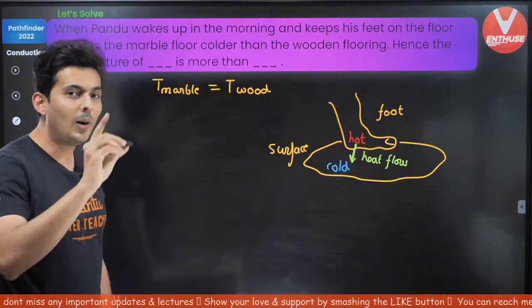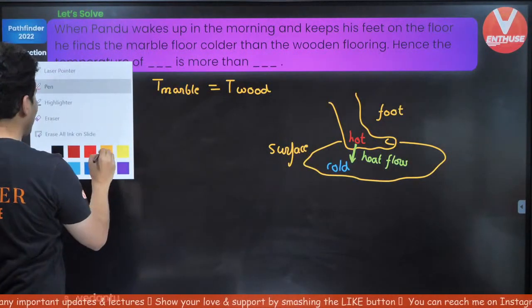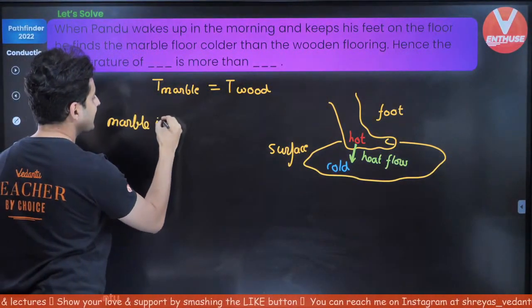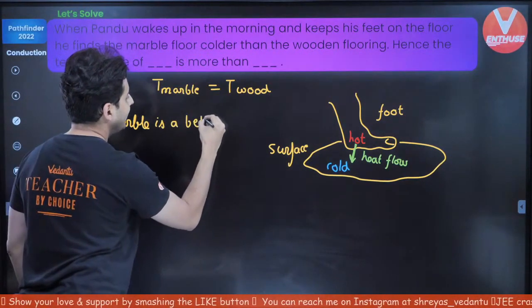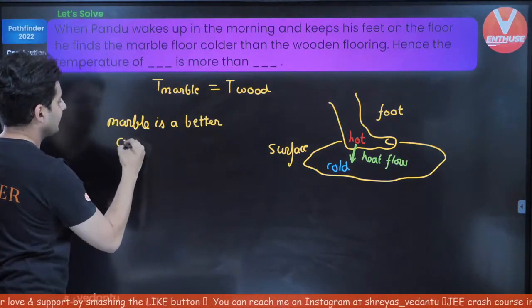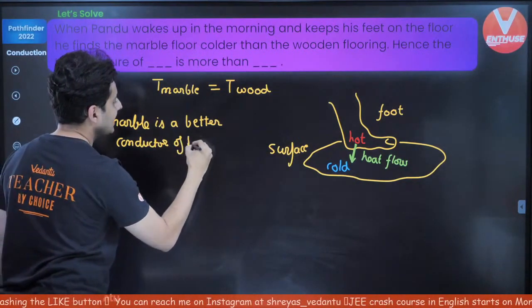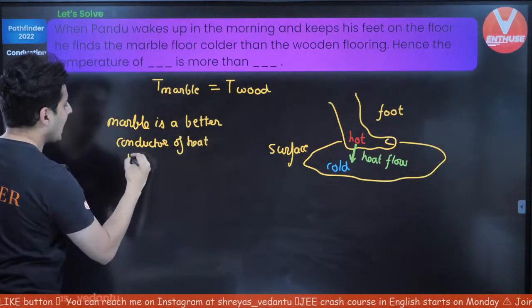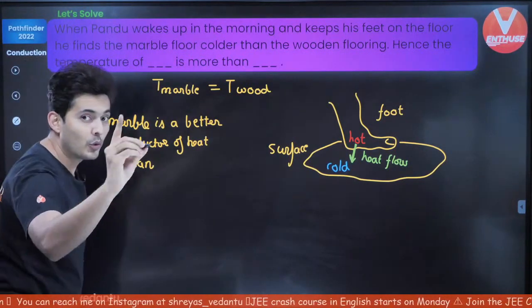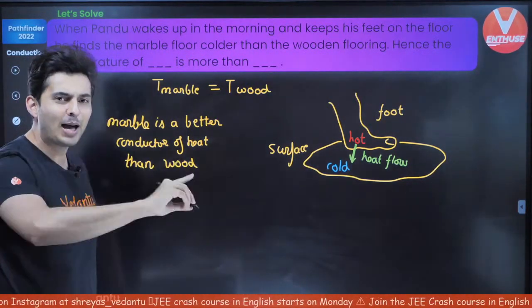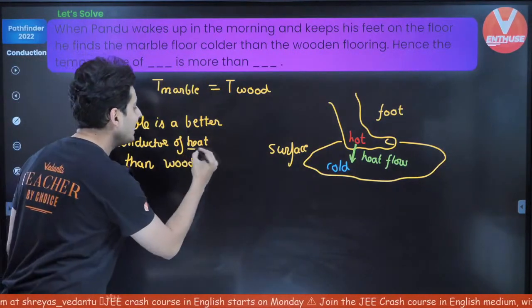Now the problem is marble. Marble is a better conductor of heat than that of whom? Wood. So wood is a bad conductor, marble is a good conductor of heat.